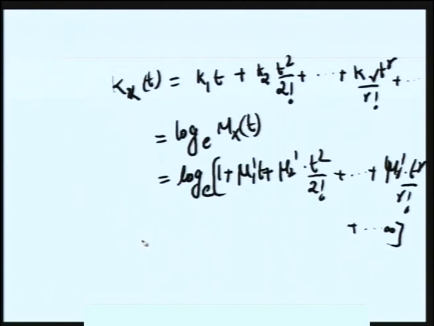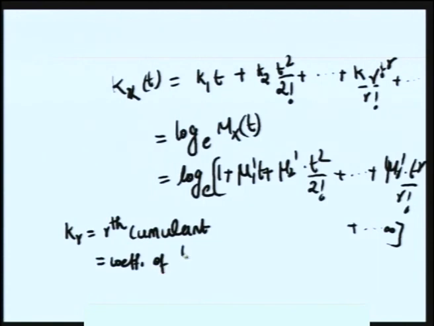Writing this infinite series, you can find out the cumulant generating function. So, what is the relation between cumulants and the cumulant generating function? We can write K r, the rth cumulant, which is the coefficient of t power r by r factorial in the cumulant generating function K x of t.